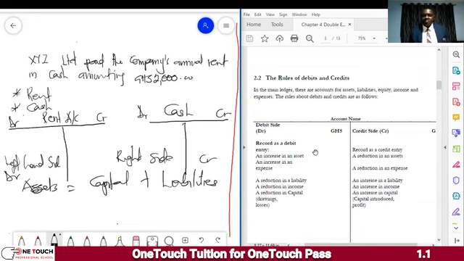So the whole discussion on the T account centers on the elements of the financial statement, which are basically assets, liabilities, owner's equity, income, and expense. We are looking at the effect of transactions on these elements of financial statements. Okay, good. So let's look at our earlier example.